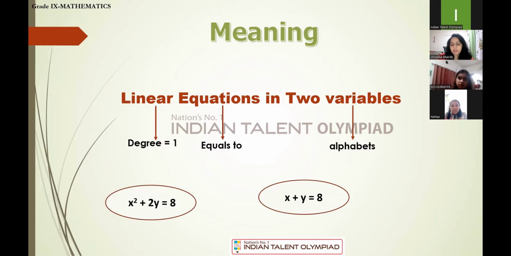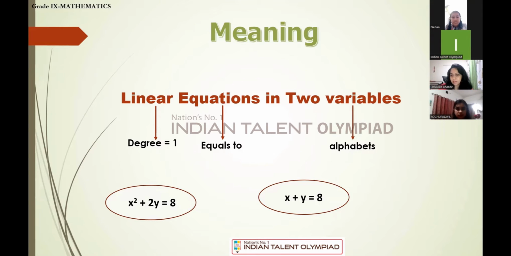So what do you think if the degree is 2? Just raise your hand if you know that. Like here, x plus y is equal to 8 is a linear equation because the highest degree is 1. So what about x square plus 2y is equal to 8? Is this also a linear equation, because it is an equation and contains variables?